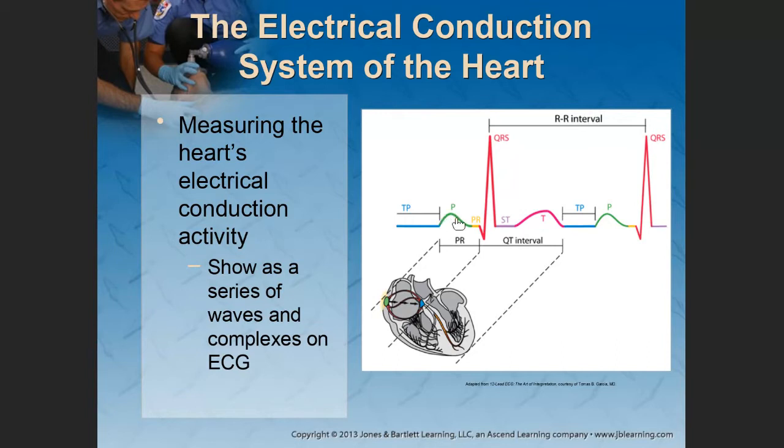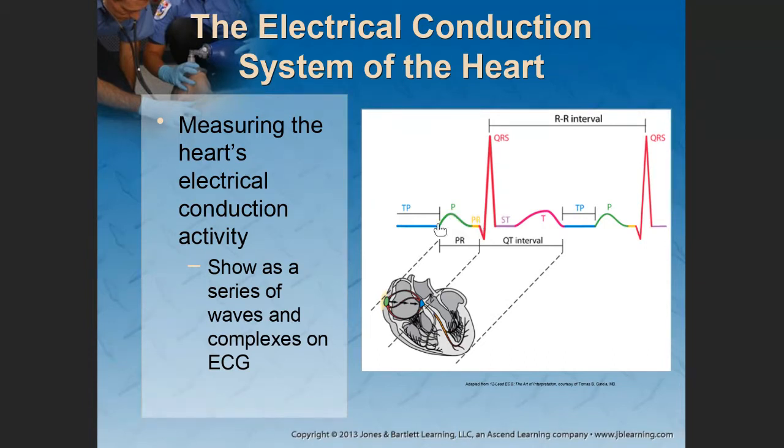Now, after the P wave, there is a PR segment. So there is a decrease in electrical activity. Now, the PR segment, which is right here, represents atrial repolarization or atrial recharge.